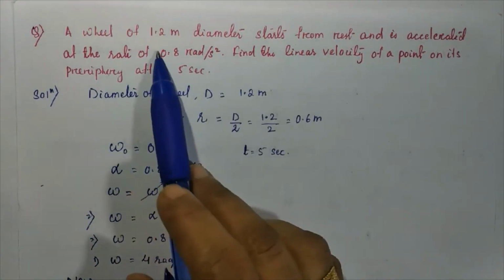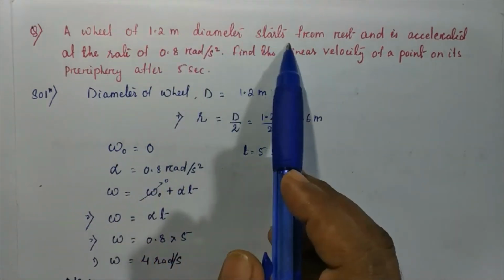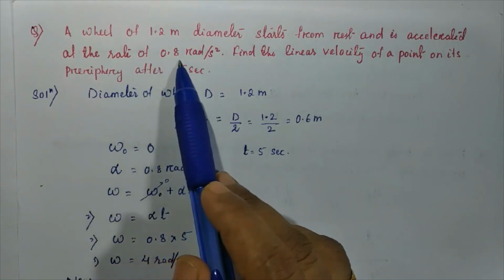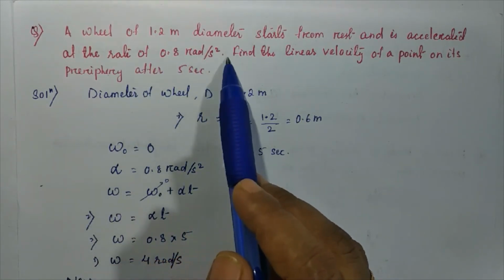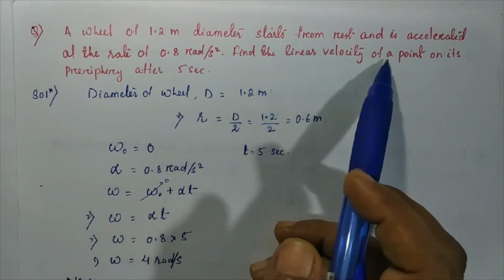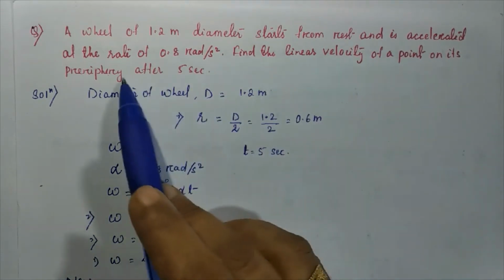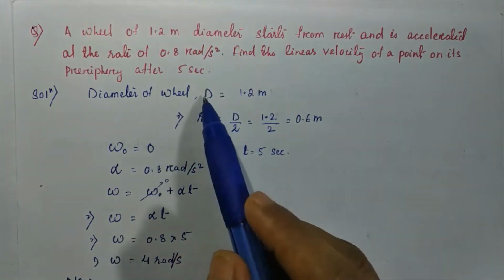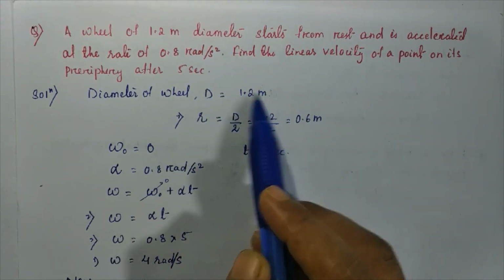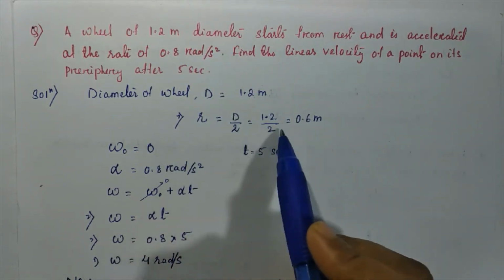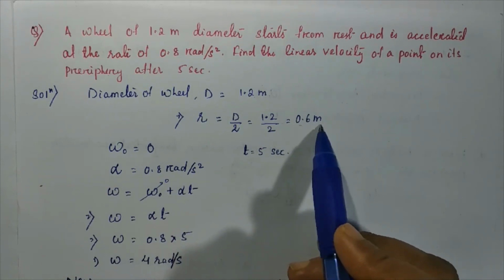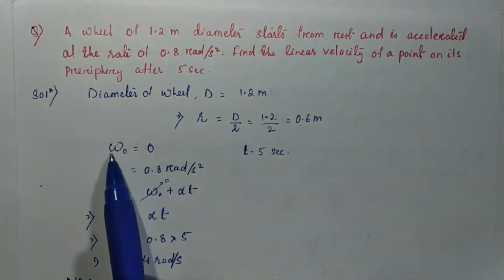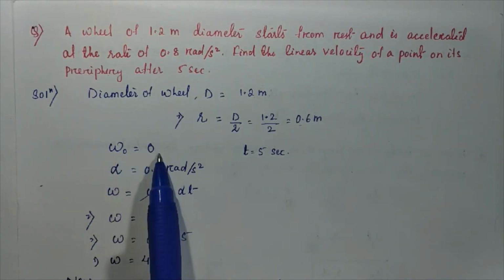Next question. A wheel of 1.2 meter diameter starts from rest and is accelerated at the rate of 0.8 radian per second square. Find the linear velocity of a point on its periphery after 5 seconds. The diameter of the wheel is given as 1.2 meter, so radius becomes half of the diameter, that is 0.6 meter. As the wheel starts from rest, the initial angular velocity is 0.